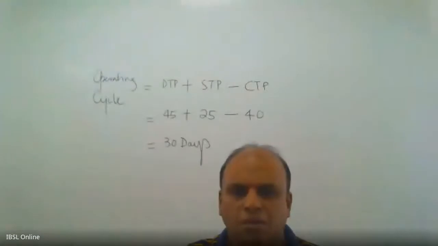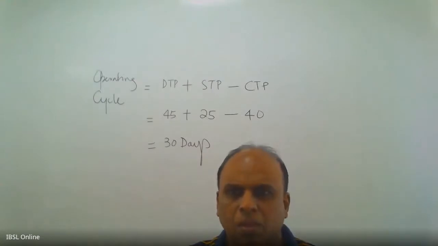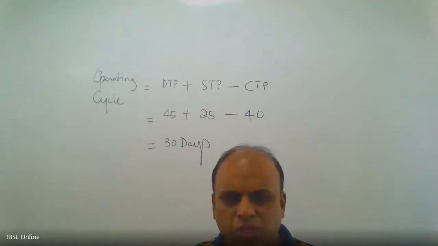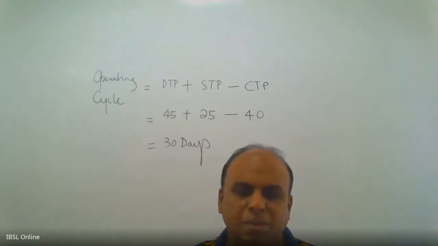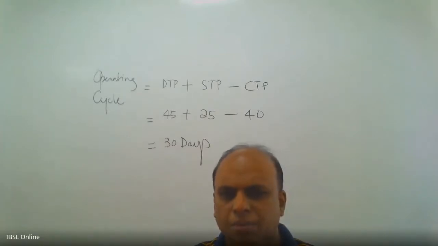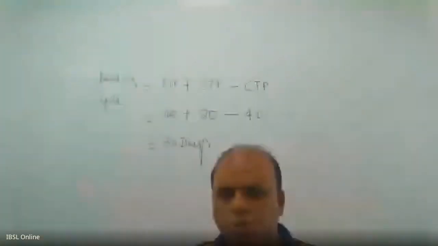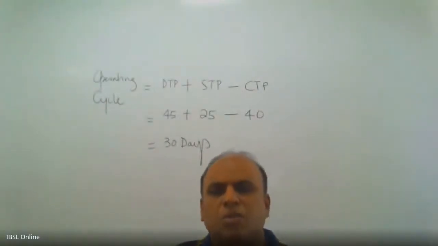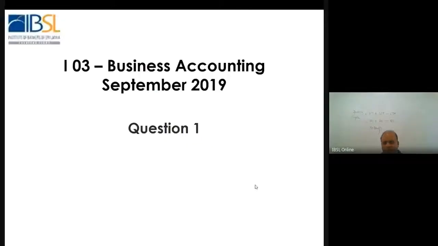So we have done all the topics that we are supposed to cover. And before we wind up, I just want to give you a synopsis of question number one. So how do we look at question number one? Okay, let me take you through the September 2019 question number one.